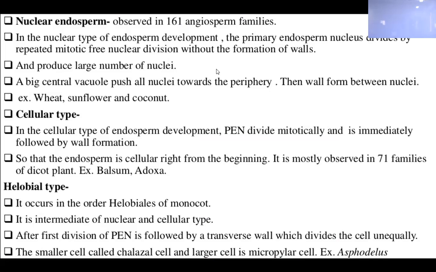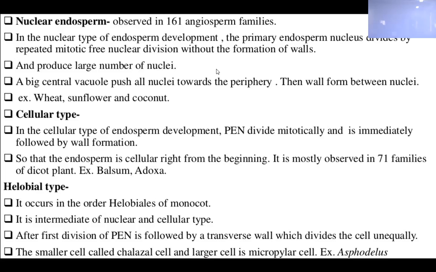Now, the next one occurs in the order Helobiales of monocot. It is intermediate of nuclear and cellular type. दोनों के बीच में ये हम consider कर सकते हैं. After first division of primary endosperm nucleus, it is followed by a transverse wall which divides the cell unequally.